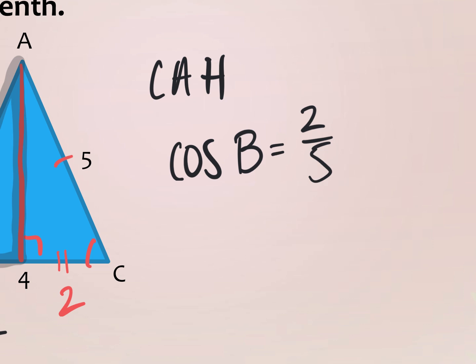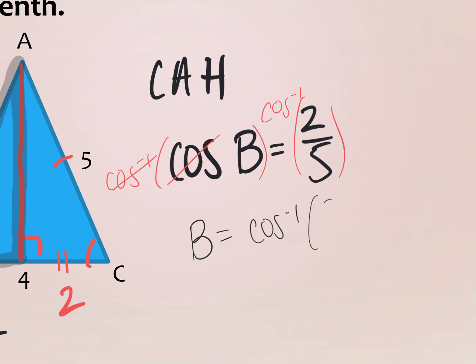Not the sine. The inverse of what? Cosine. Very good. So take the cosine inverse of both sides. What's going to cancel? Cosine inverse and cos. And I'm going to get B equals cosine inverse of 2/5, which I think we just got was 66.4.